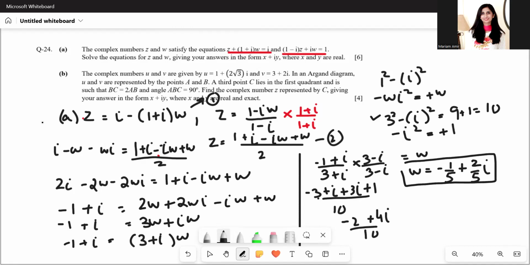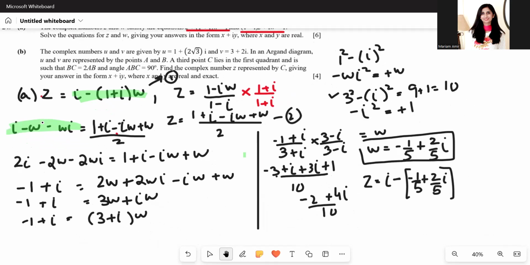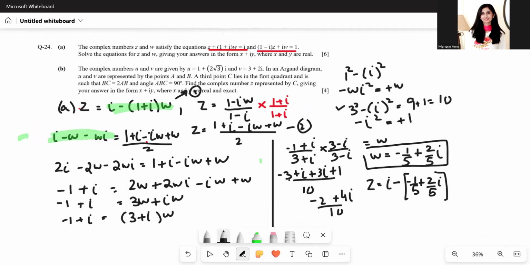All right, now we need z and we already have a simplified expression for z. z is equal to this. If you expand this, you get this. So for z, I'm using that equation i minus w, so -1/5 plus 2/5 i, minus w times i.